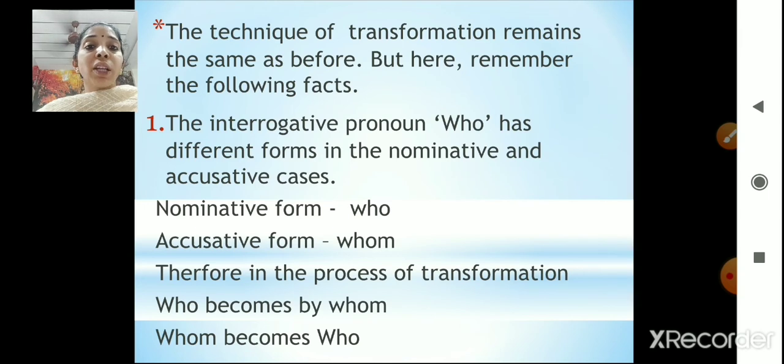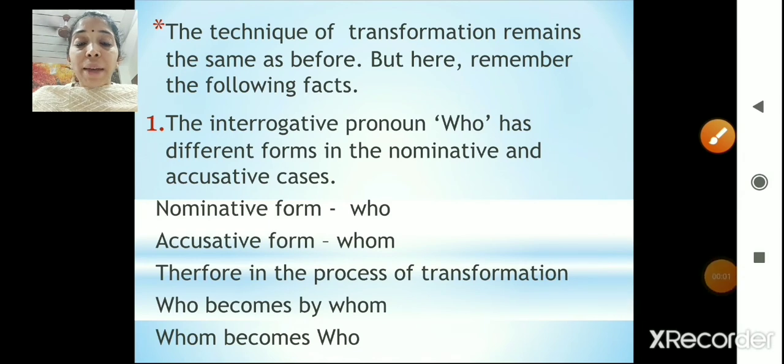Let me tell you what facts you have to remember here. Number 1, the interrogative pronoun who has different forms in the nominative and accusative case. Nominative case, you remember the nominative form? It is used for a noun or a pronoun which is the subject of a verb. So here it is said that the interrogative pronoun who will be different in the nominative case and the accusative case.